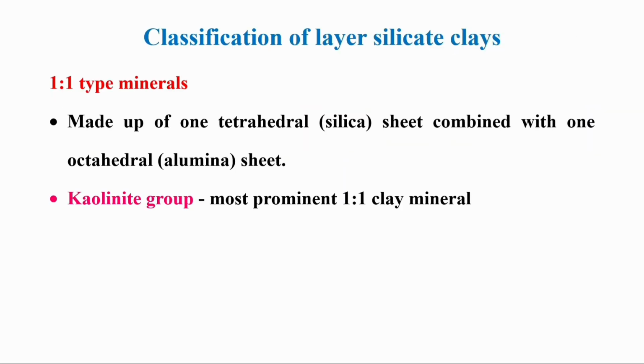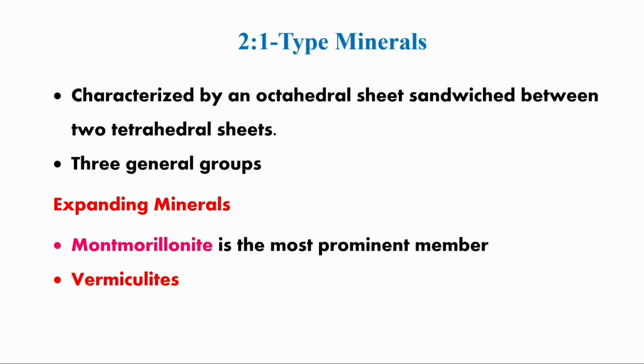Then we will see the classification of layer silicate clays. In 1:1 type mineral, 1 silica tetrahedral and 1 aluminum octahedral are present. The best example is Kaolinite. In 2:1 type clay, there are 2 silica tetrahedral and 1 aluminum octahedral.